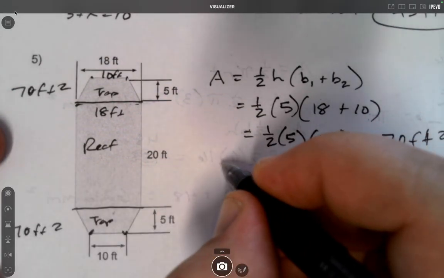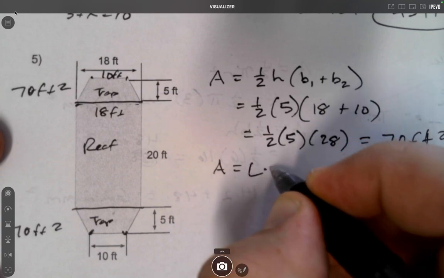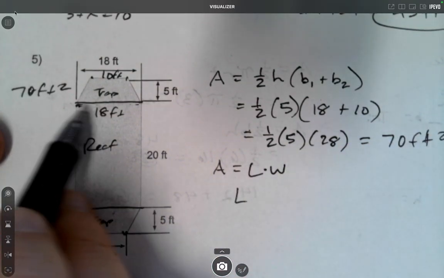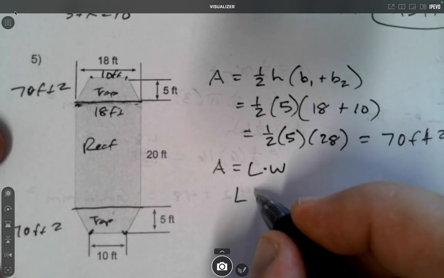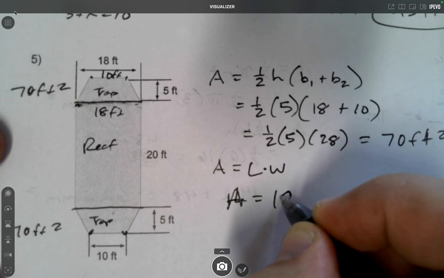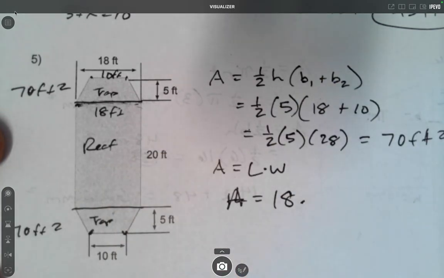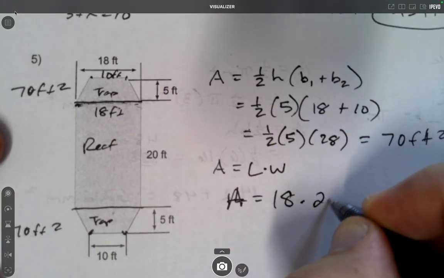So now we'll do the area of the rectangle. Okay, so the area of the rectangle, length times width. Okay, so the width would be 18 feet because it's the same as the base of that trapezoid. And then the width, or length and width, I don't know, I like base and height better. Anyway, 20 would be the other measurement we need.